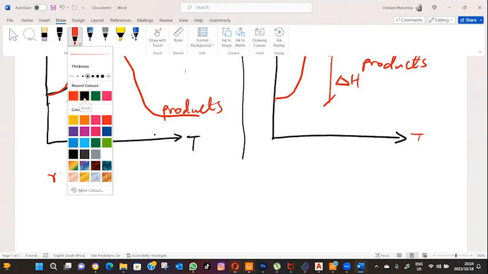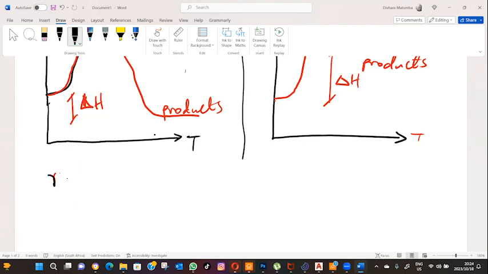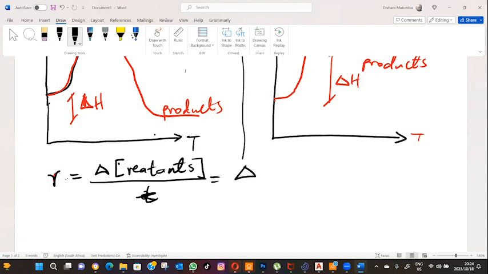The rate of reaction is given by the change in the concentration of the reactants over time, which is equal to the change in the concentration of the products over time, right?